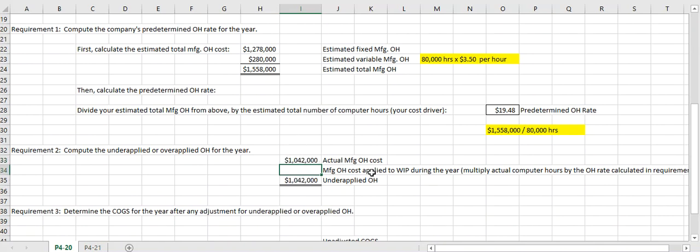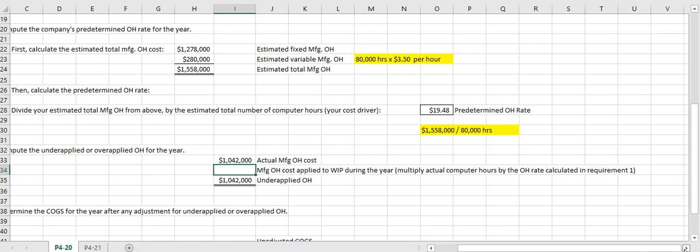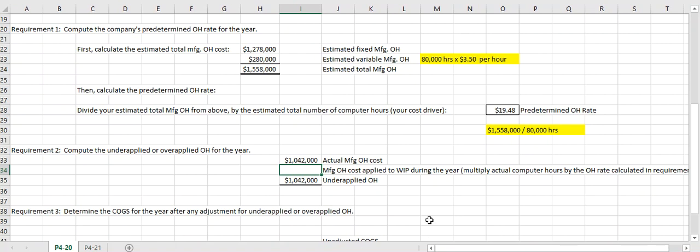Manufacturing overhead cost applied to work in process during the year. So, and I've told you kind of how to do that. So we're going to multiply the actual computer hours that we use by the predetermined overhead rate, this here, that we calculated in part 1. Now the reason for that is that throughout the year, every time we use a computer hour, we said we're going to allocate $19.48 of overhead to that, in addition to the other costs, the direct labor and direct materials.